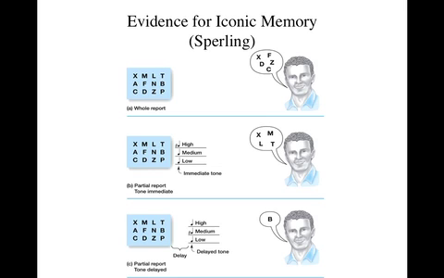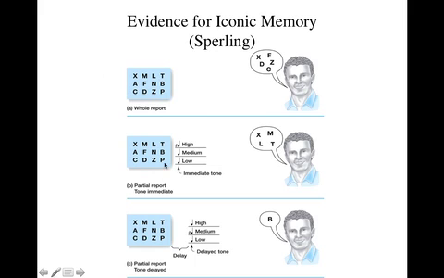We discussed some evidence for this from a famous study by Sperling, which you did in a CogLab. People are presented with a grid that is briefly shown and then disappears, and then people have to report as many letters as they can. Usually they remember somewhere in the range of 3 to 4 total items from the grid.